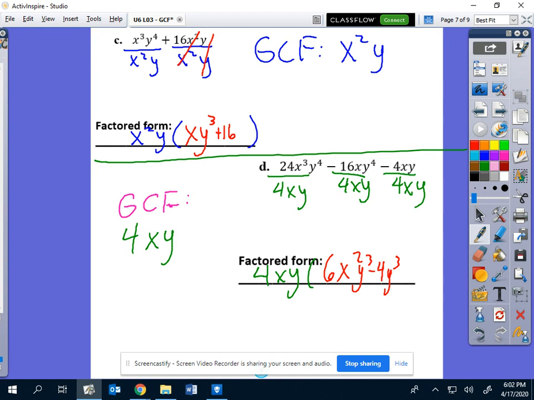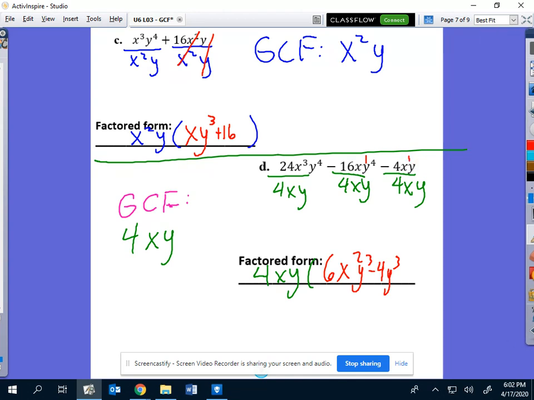Here for question D, we have 4xy as my GCF. Looking at 24, 16, and 4, 4 was my GCF for the numbers. Then we look at x cubed, x, x, so x was the smallest. That's a good little trick: you always look at the term with the smallest exponent. Even though this was x cubed, we can't take out 3 of them because this only has 1, and so did this one.